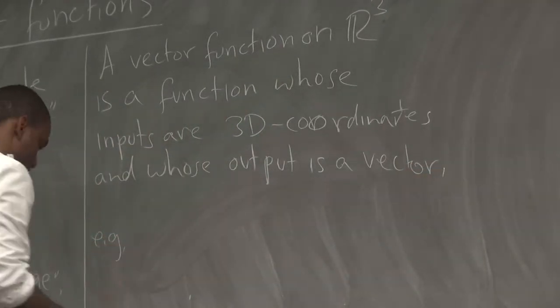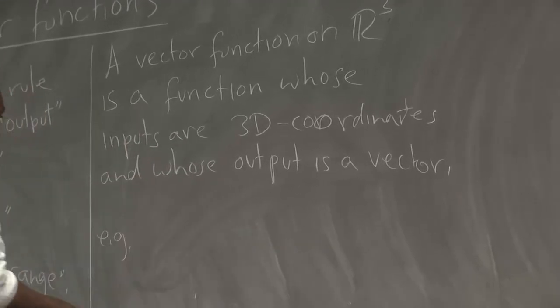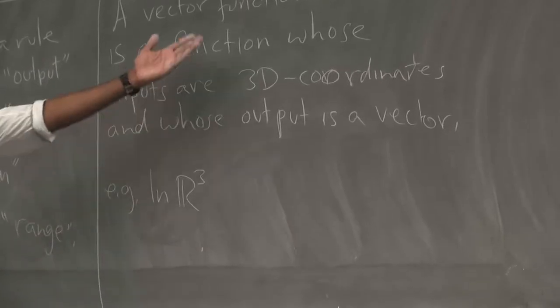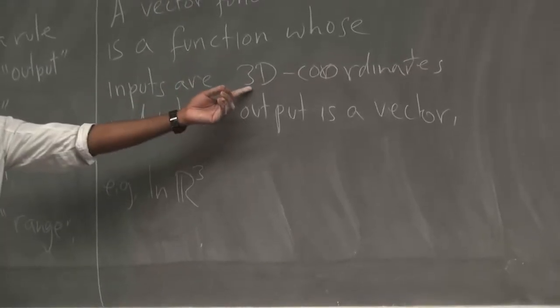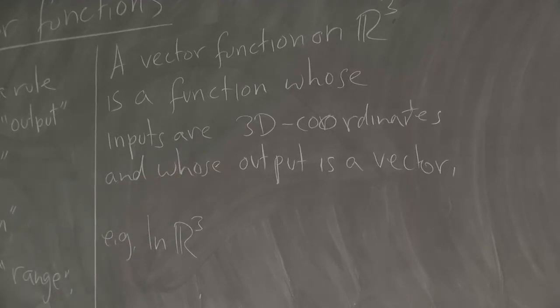Example. I can write down a general one. So in R3, of course in R2 the same idea happens. You plug in 2D coordinates, or in R4 you plug in 4D coordinates. The coordinates just go with the dimension.